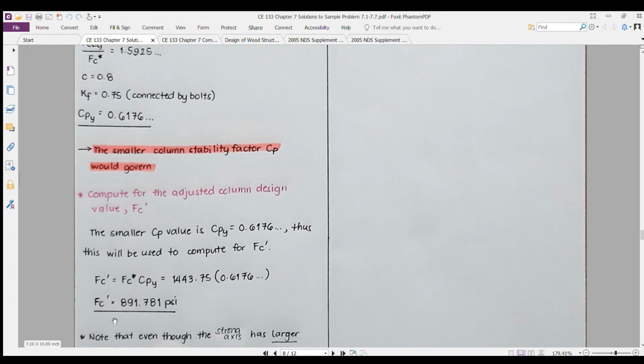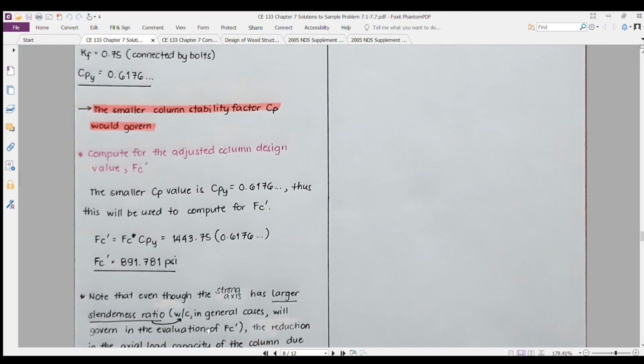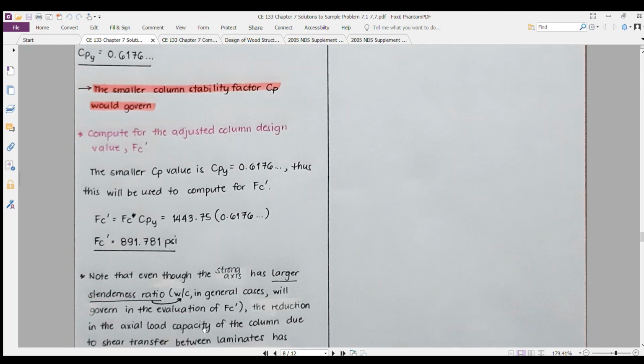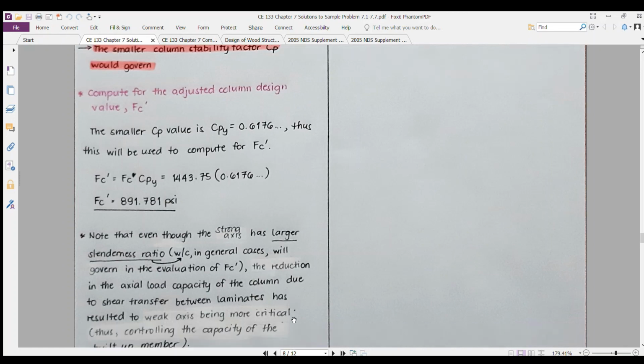Note that even though the strong axis has larger slenderness ratio, which in general cases will govern in the evaluation of FC prime, the reduction in the actual load capacity of the column due to the shear transfer between the laminates has resulted to weak axis being more critical, thus controlling the capacity of the built-up member.